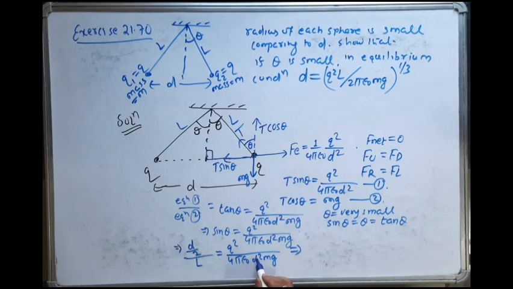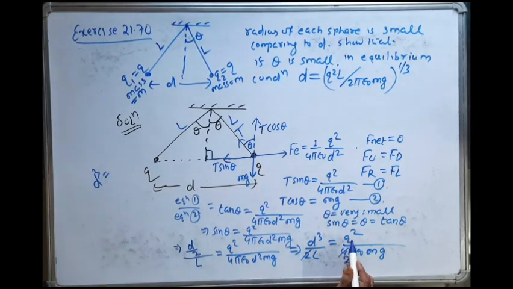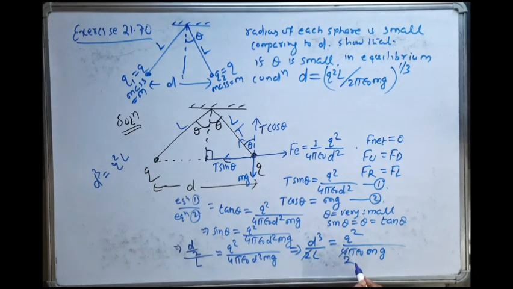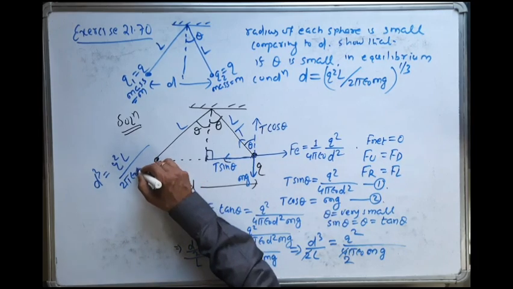So that implies d cube, that is d cubed by 2L, is equal to q square by 4 pi epsilon naught mg. Here 2 and here 4 cancel, leaving 2. So what is d cube? d cube is equal to q square L divided by 2 pi epsilon naught mg.